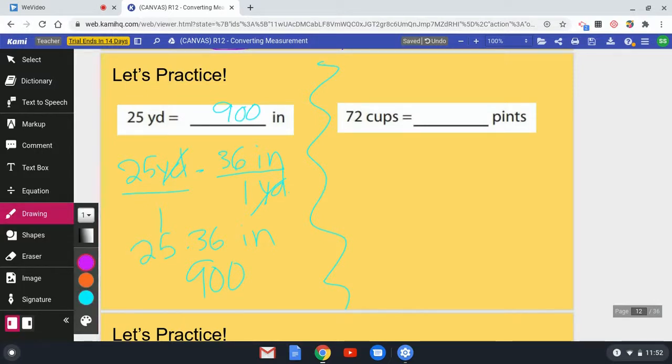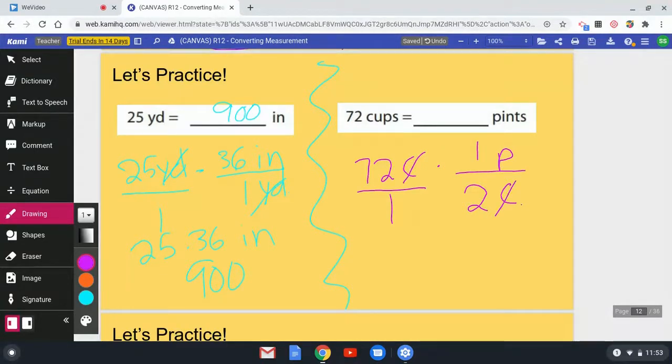All right, start again over here. Now we're talking about capacity, how much something can hold. 72 cups times, I want pints on the top. I'm going to put cups down here. What do I know about pints and cups? I know that 1 pint is 2 cups, right? And I could put that over 1. Cups cancel.